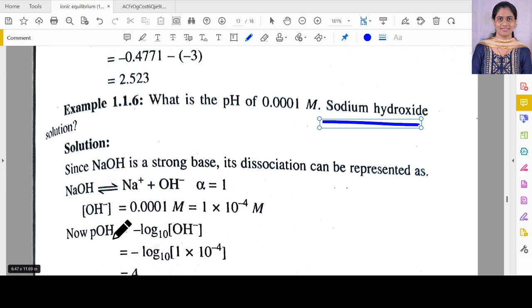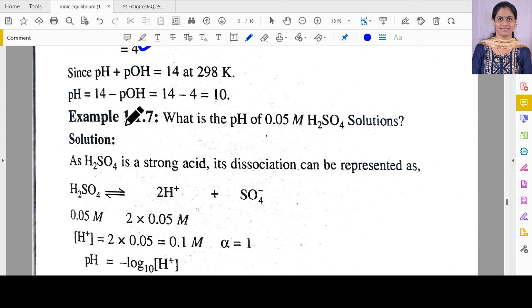That will be your pOH. The answer you get will be the pOH, and then 14 minus pOH gives you the pH value. Just to tally your answer, remember acids always have pH value below 7. Bases always have pH value above 7. So that will be a cross check of your answer.